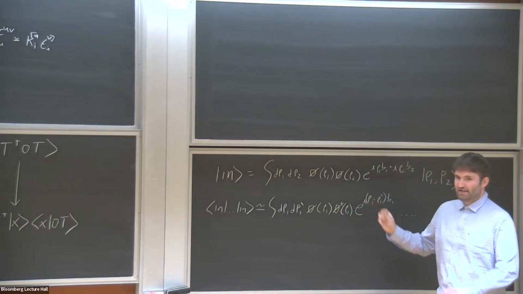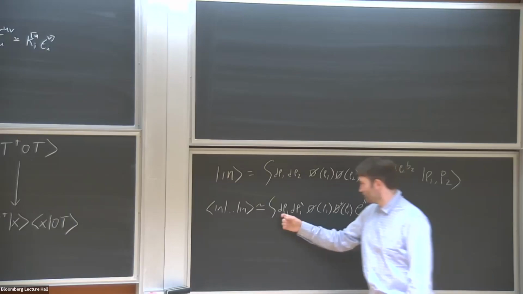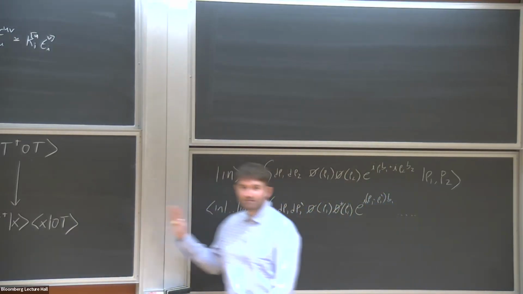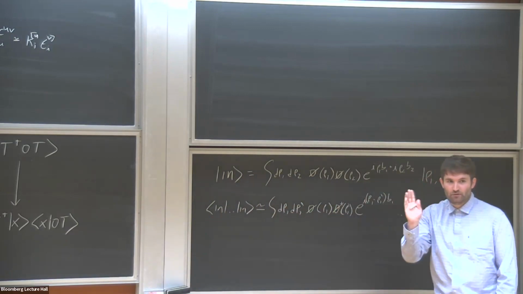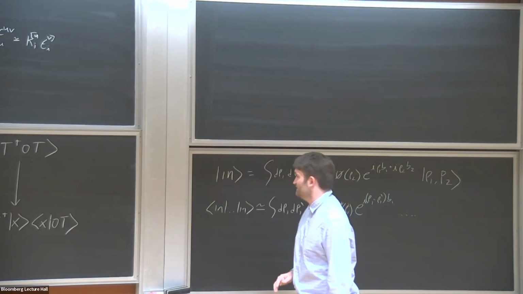So here, now this is where the magic happens, so to speak. I'm doing an integral over both the momentum of my large black hole on one side and the momentum of the black hole on the other side. However, remember I'm taking the transferred momentum to be small.